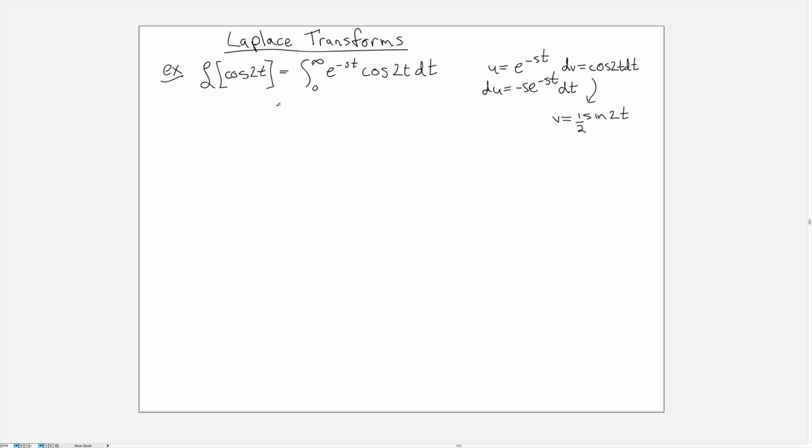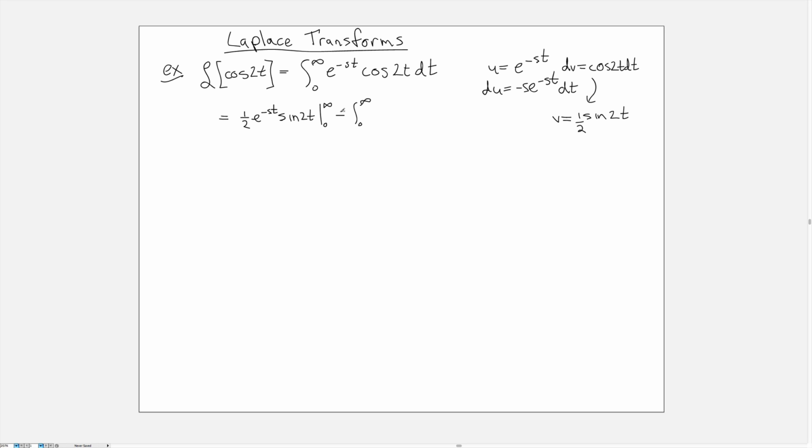All right, so now I can rewrite this integral as 1/2 e to the minus st times sine of 2t evaluated from 0 to infinity minus the integral from 0 to infinity of, now we do v du, and let me just reorder that.